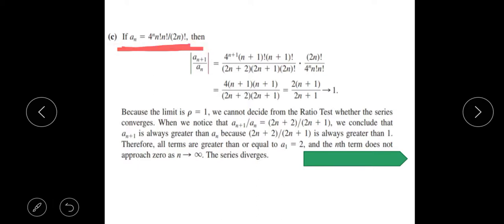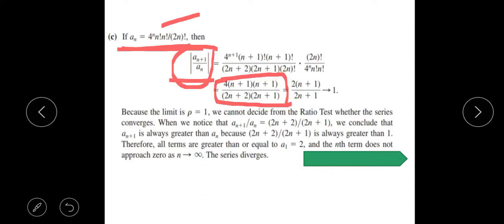Clearly this is the an, and to calculate an plus 1, you should replace the n here by n plus 1. If you calculate an plus 1 upon an after replacing their corresponding expressions, you will get this, and after simplification the most simple form will be obtained.